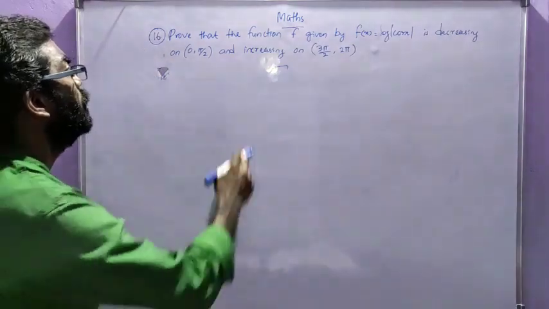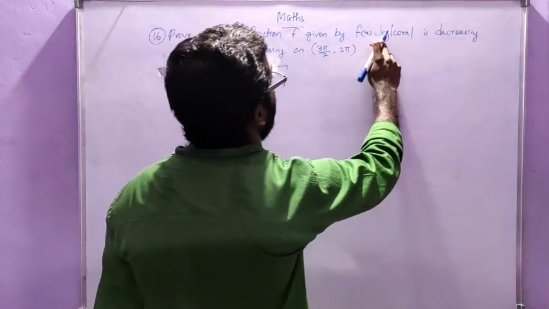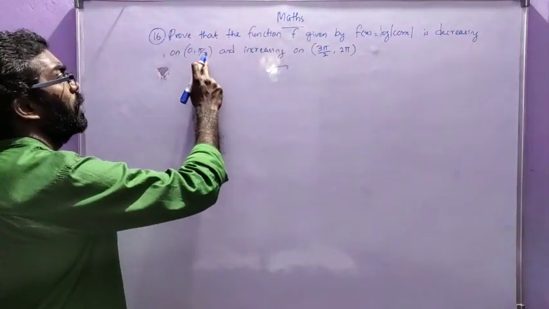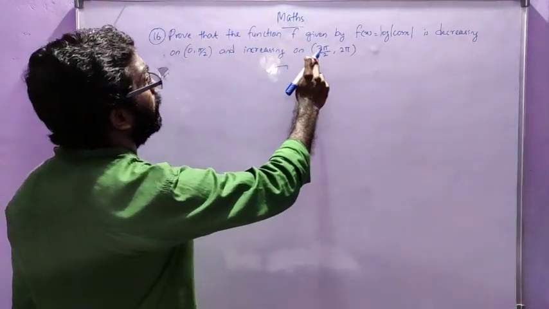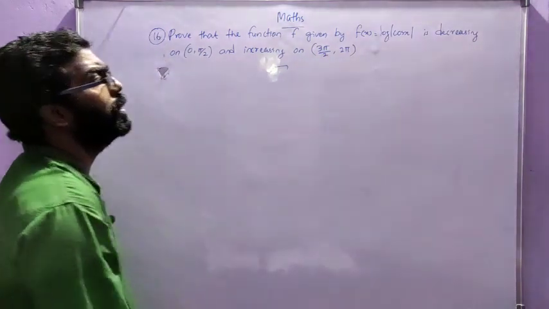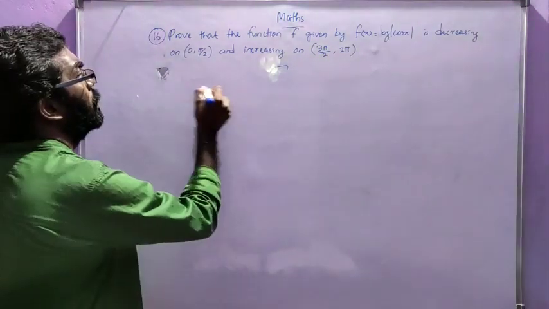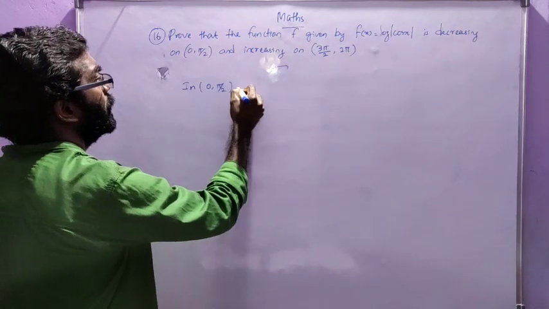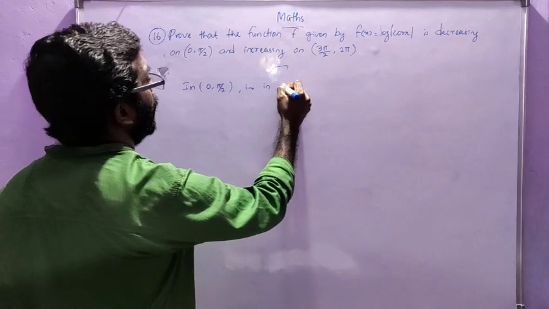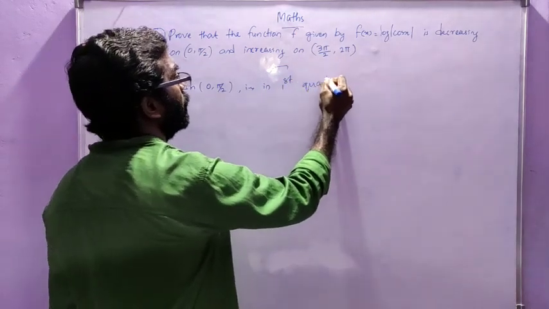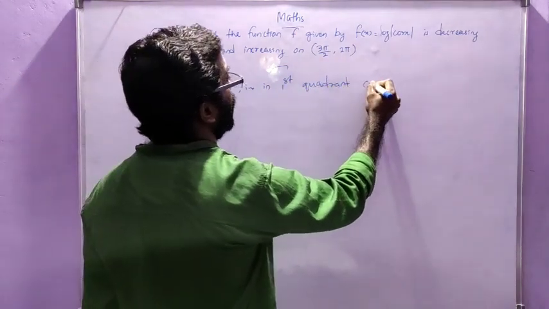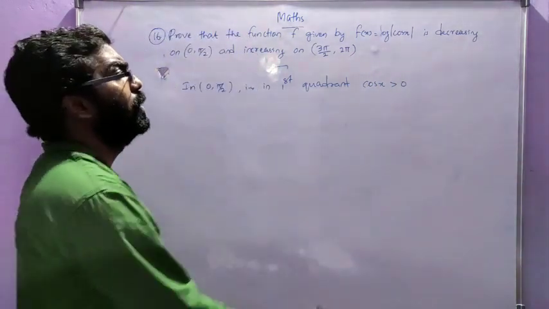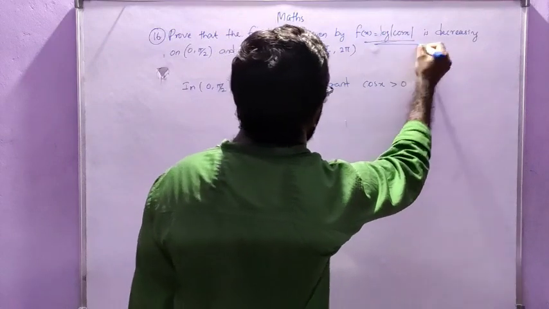Now the next question is, prove that the function f given by f of x equal to log modulus cos x is decreasing on (0, pi by 2) and increasing on (3 pi by 2, 2 pi). So in (0, pi by 2), that means in the first quadrant, cos x is greater than 0, cos x is positive, so we can change the modulus sign.